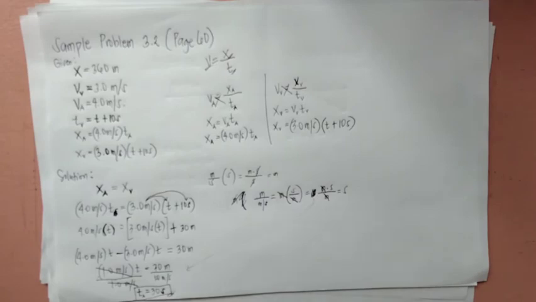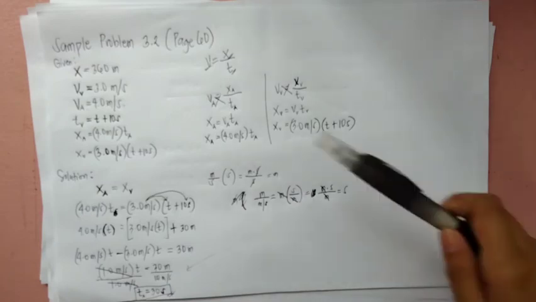So first, we solve for the distance traveled by Vanya when Angelito had overtaken her. What equation are we going to use? Same equation, v equals x over t. We are going to manipulate this equation to come up with Vanya's distance from school when she had been overtaken by Angelito.